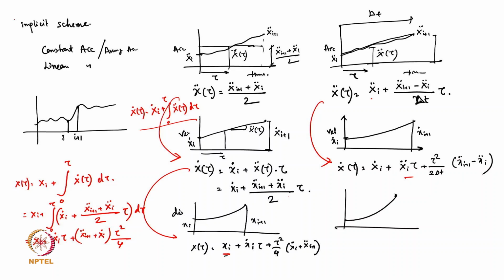Okay, now if you do it again here, x of tau will be equal to again xi plus xi dot tau plus xi double dot tau square by 2 plus tau cube divided by 6 delta t, this much.